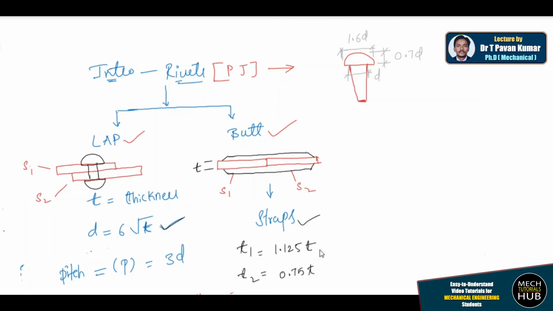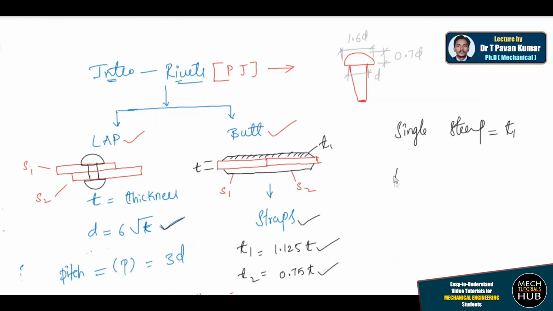Now the question is where we need to use T1 and where we have to use T2 while drawing. When the question is based on a single strap, you are supposed to use T1 as the thickness of the strap. This strap thickness, I'm hatching just to make you understand. If it is a single strap, that should be T1, meaning 1.125 T, and whatever thickness you get, you have to place it accordingly.